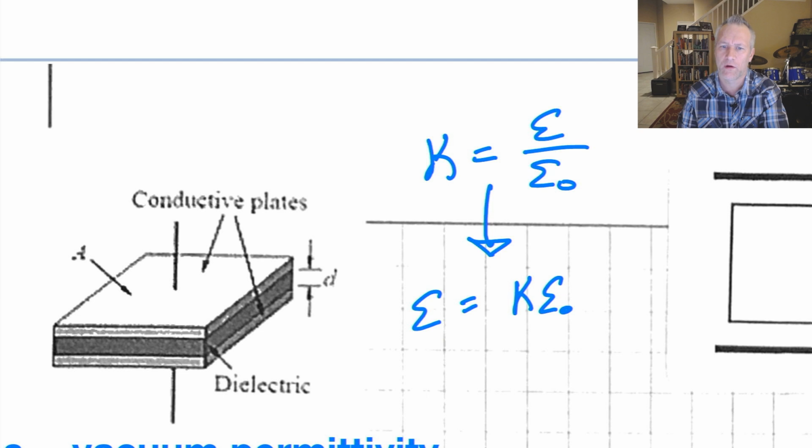And you should be careful because epsilon is going to be used in several different contexts in this course. We have epsilon naught already, which is the permittivity of free space or a vacuum. We now have this epsilon, which is the permittivity of the dielectric. And we'll also have epsilon used in circuits coming up, which is going to be for a voltage source or an electromotive force. So there are 3 different situations in which epsilon is used. Just be careful with epsilon and be aware of the context of the problem.